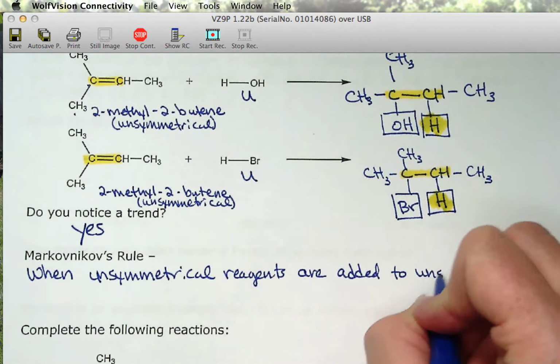And I'll wait for you guys, I know you're still copying. So in these examples, 2-methyl-2-butene, the carbon in the double bond that has more hydrogens is right here.